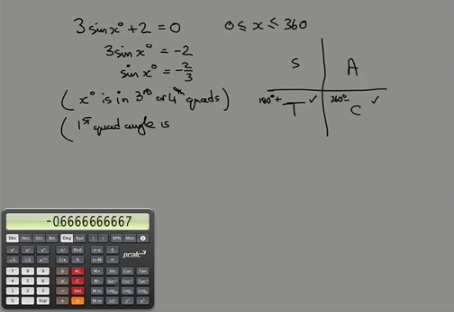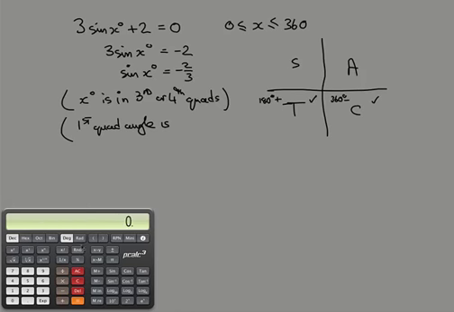So that's my sine to the -1 button, checking I'm still in degrees, and sine to the -1 gives me this minus 41.8. Now what I did wrong there was put a negative in there. I shouldn't have done that. For my first quadrant angle, I always want to do inverse sine, in this case, of a positive quantity. We ignore the negative, or we make this positive to find the first quadrant angle.